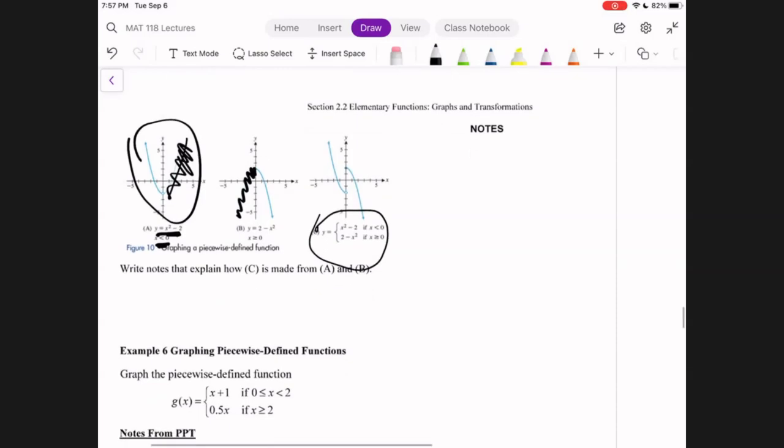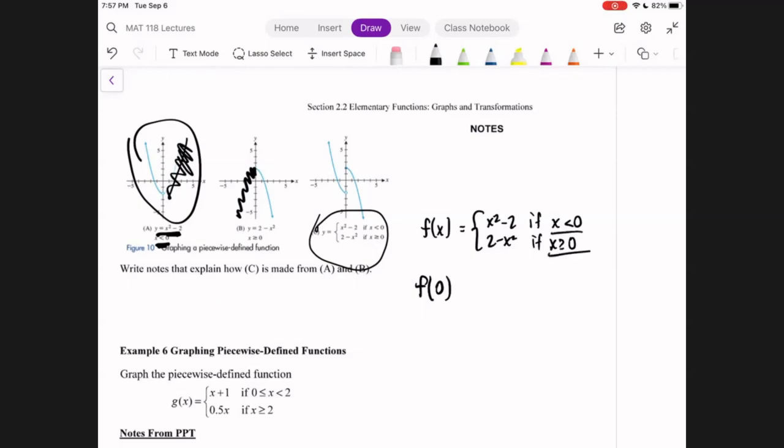And you might wonder, how do I evaluate this? For this one here, if we say that this is f of x equals, and I want to do f of 0, which one do I pick? Does 0 work here or does 0 work here?